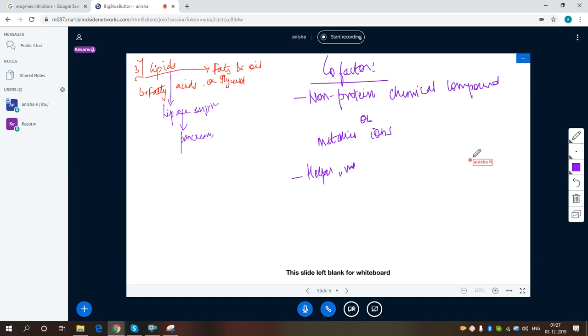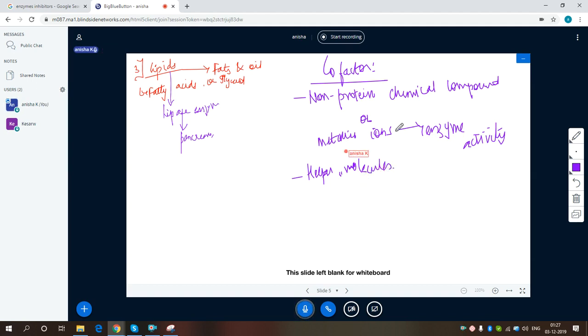They are required for the enzyme activity. And as I said, they are also known as helper molecules.